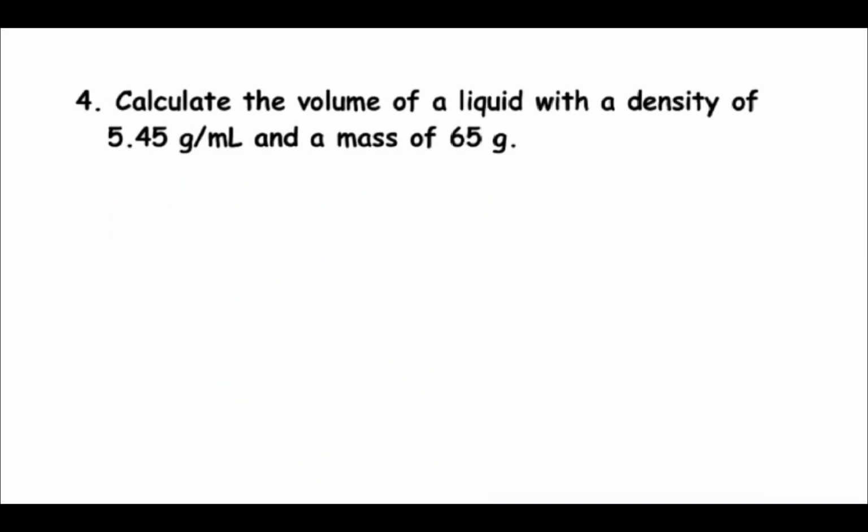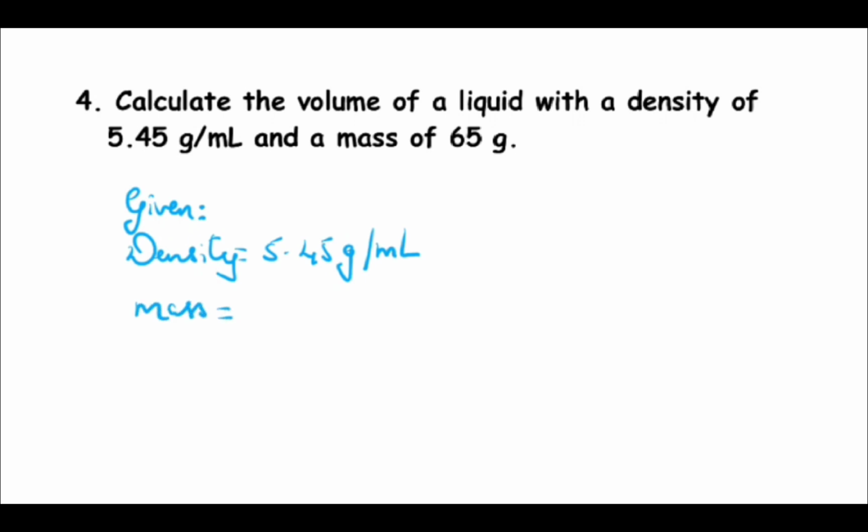Next. Calculate the volume of a liquid with a density of 5.45 grams per ml and a mass of 65 grams. So, given density, which is equal to 5.45 grams per ml, mass, which is equal to 65 grams.